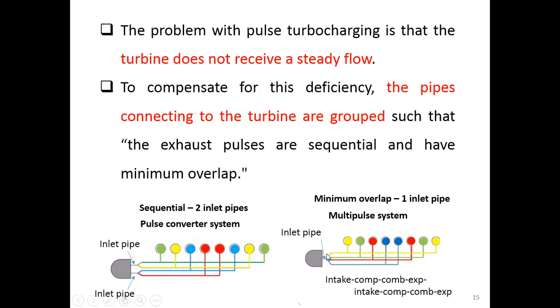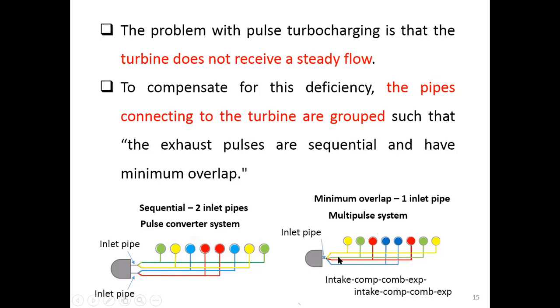The sequence is still the same. If exhaust comes from yellow, the next round should not come from yellow. It should come from either green, red, or blue.